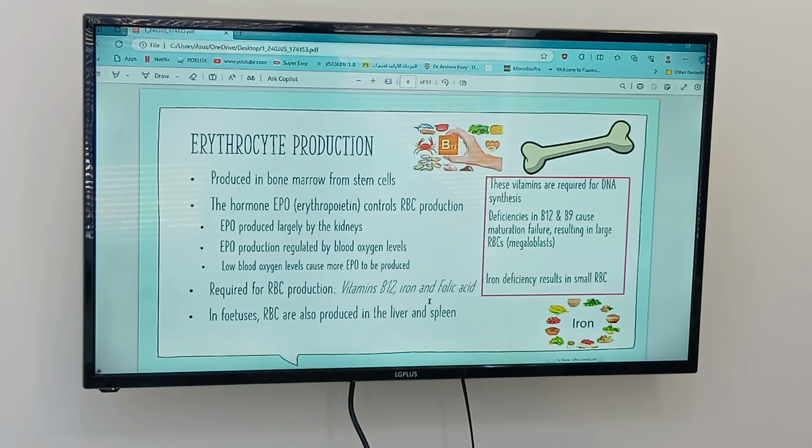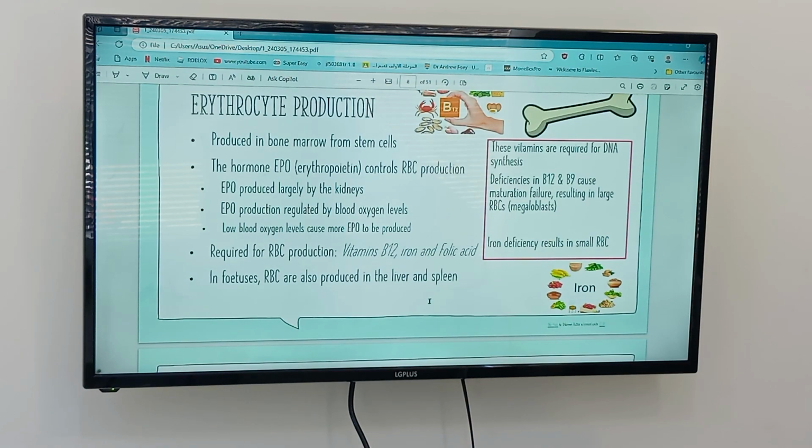Some of them have pain in the bone, because the production of RBCs takes all the power from this person and makes the bone ache.